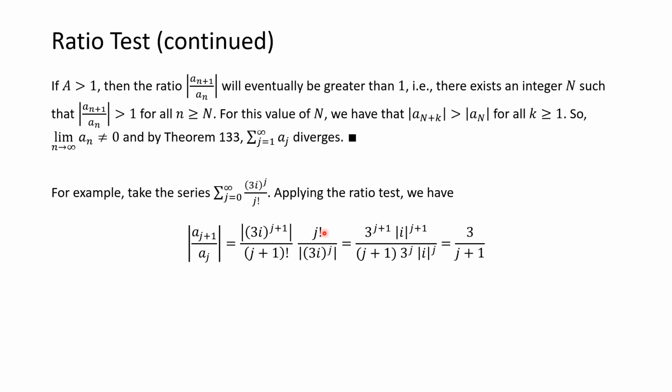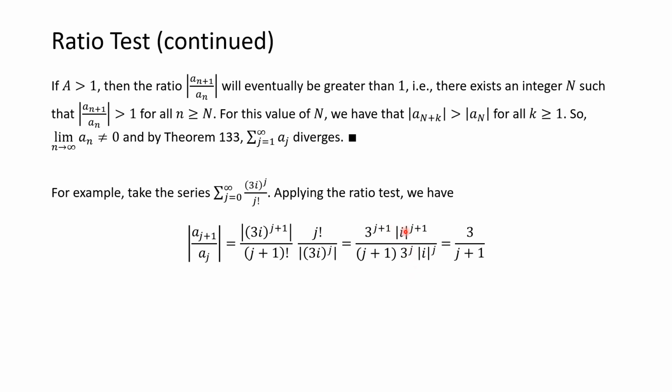You can see here that the j factorial and the j plus 1 factorial, you're just left with the j plus 1. You can break out the 3 to the j plus 1 and the i to the j plus 1, as we have here, and noting that the modulus of a real number is just the number itself, so we get this here and here.